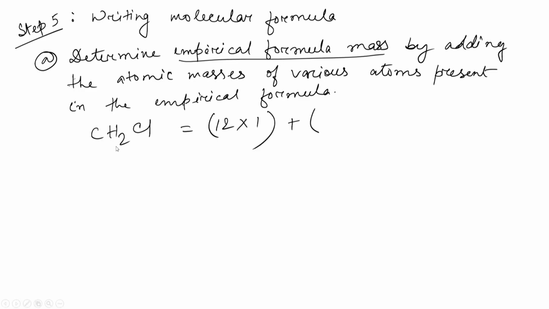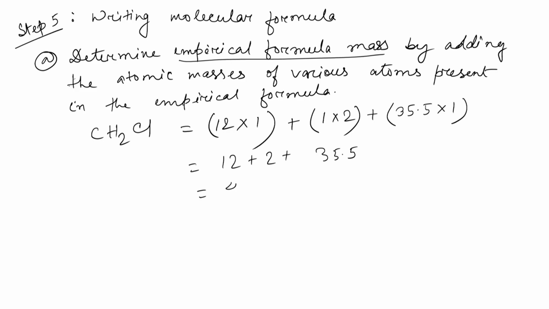Then, mass of hydrogen into number of hydrogen, 1 into 2, plus mass of chlorine into number of chlorine, 35.5 into 1. So, this will come as 49.5. Okay. This is the empirical formula mass.